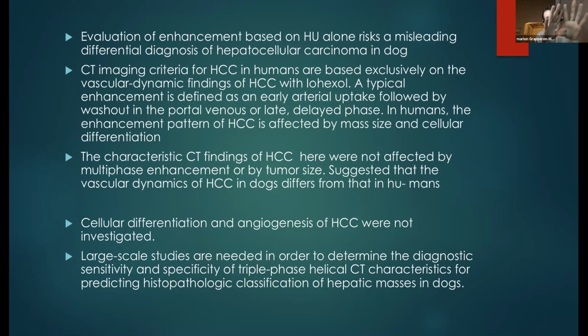So I think we just look at images, we just do the histopath and we see, okay, so maybe we are limited in our interpretation of the images because we don't go further as human medicine has done. So of course, large scale studies are needed to determine the sensitivity and specificity of this triple phase CT to predict the classification of hepatic mass between malignant and benign.